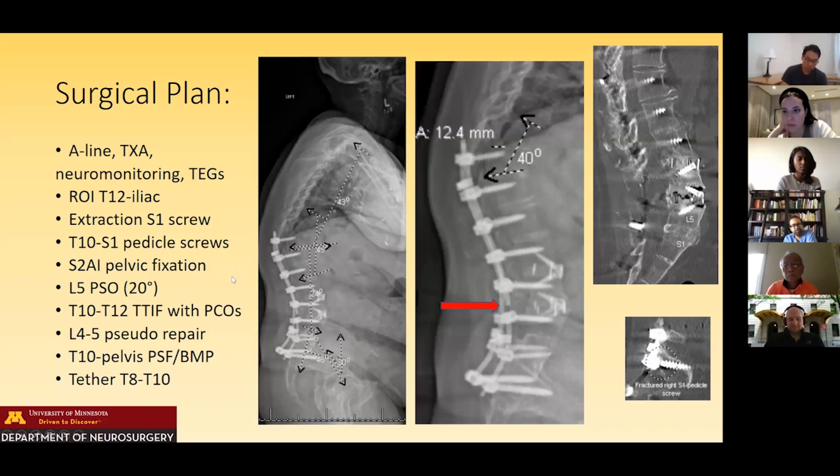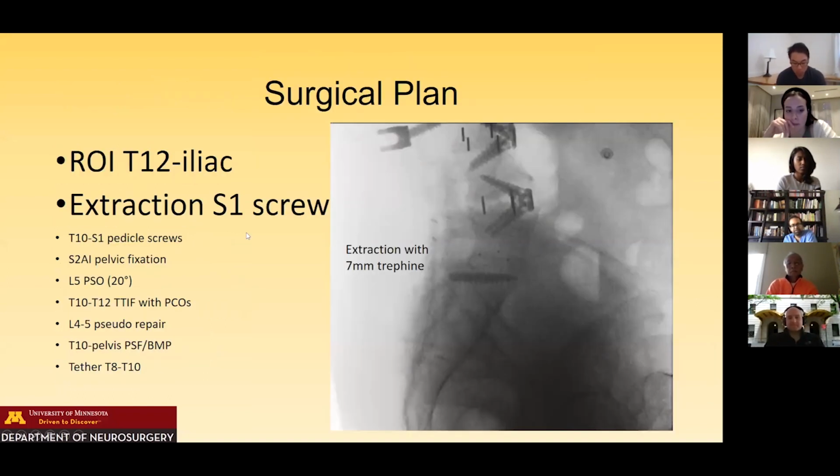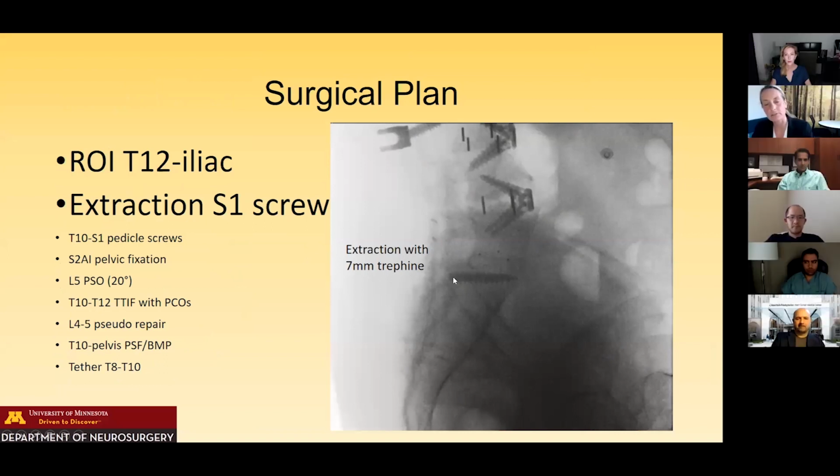So you go to the operating room with plan A through plan F, and you end up with something that works. Just a couple points about each of these steps. We're not going to go through them in great detail. One of the reasons we wanted to get this broken pedicle screw out was because this was at S1, which is the level just below our 3-column osteotomy. And you want to get good fixation adjacent to your 3-column osteotomy, knowing that you're going to have high translation and motion forces across that.